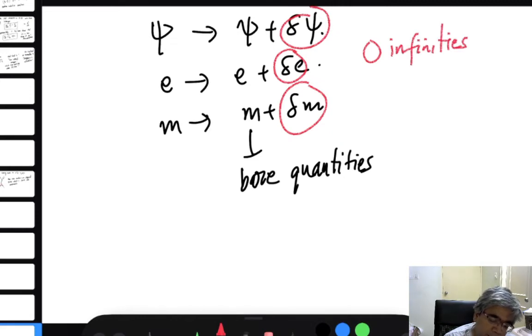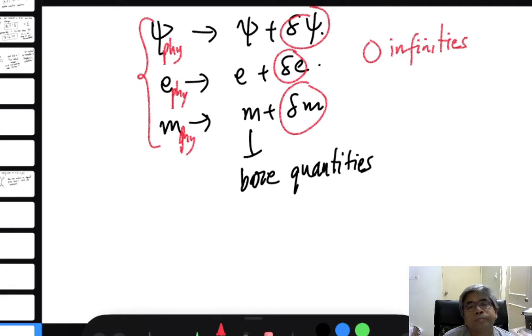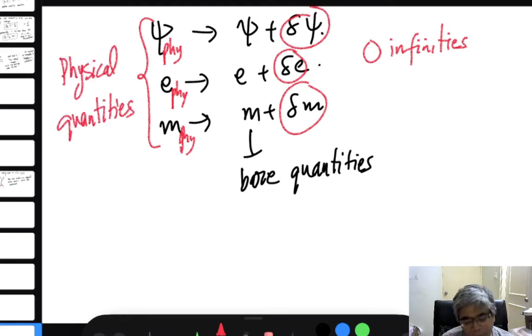Now these are added in such a way that psi, E and M all become physical quantities. This process is called renormalizability. So you shift the wave function, the electric charge and the mass of the electron.